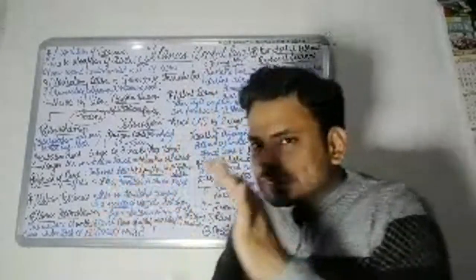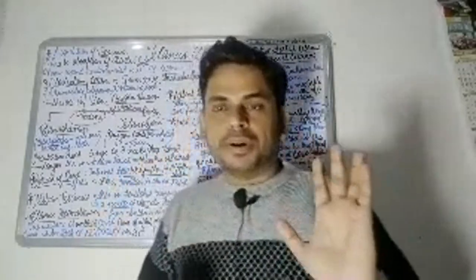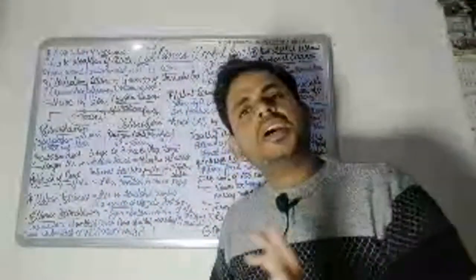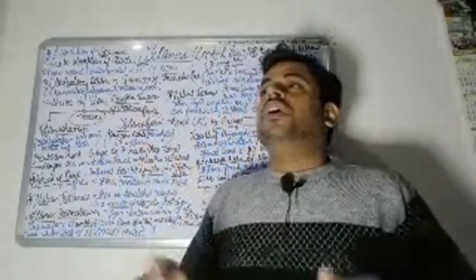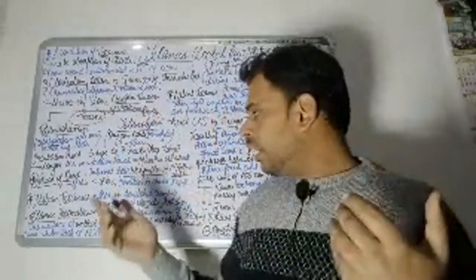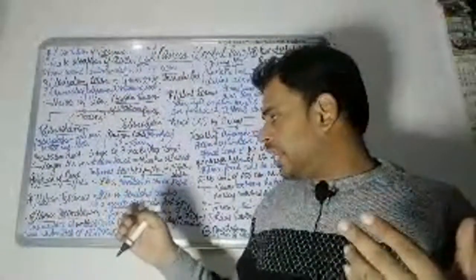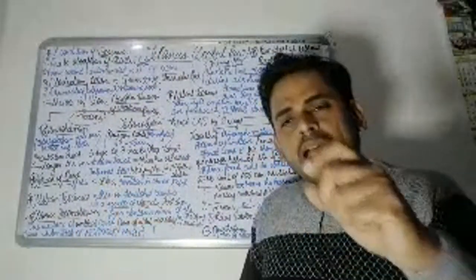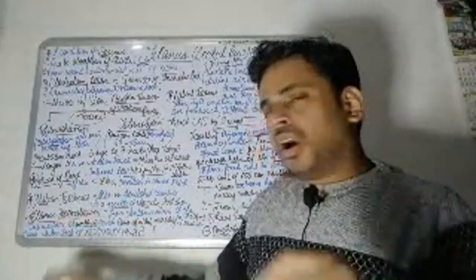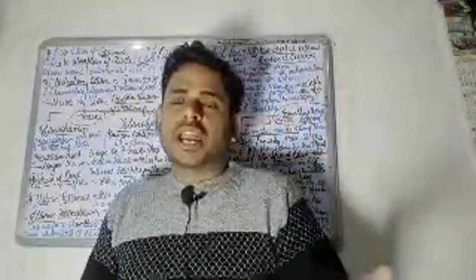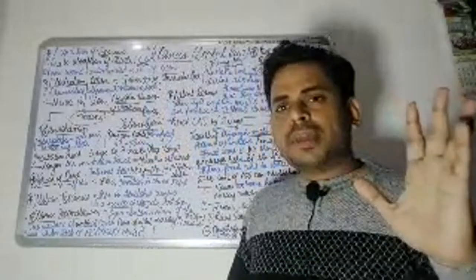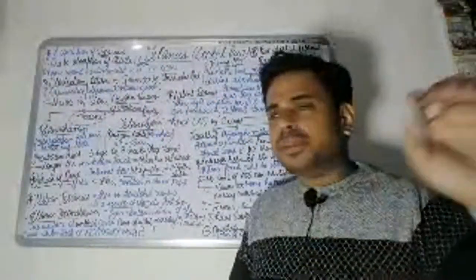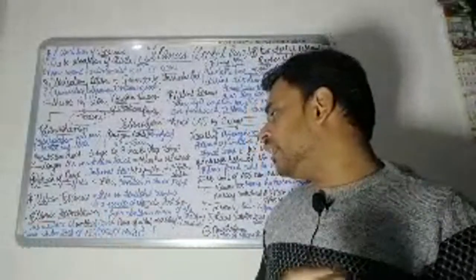Moving on to the next, another very important term, tetanus neonatorum. The word itself suggests that it affects newborn babies. It occurs when the cut surface of the umbilical cord of the baby is contaminated with such bacteria.